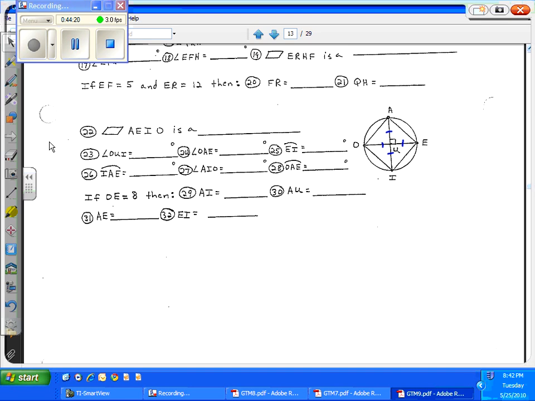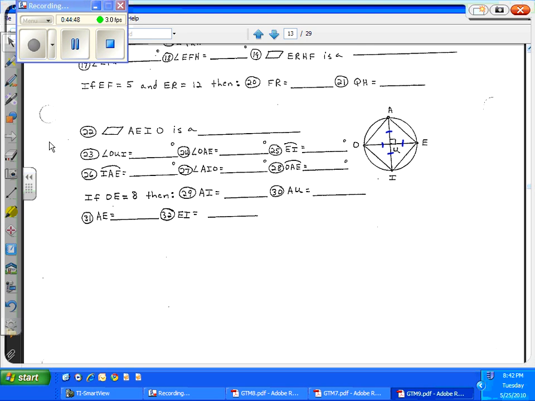That makes it a rectangle. They're perpendicular, equal, and bisect each other. The fact that they're perpendicular makes it a rhombus. The fact that they are equal and bisect each other makes it a rectangle, and there's only one kind of rectangle that's a rhombus, and there's only one kind of rhombus that's a rectangle, and that's a square. So that must be a square.